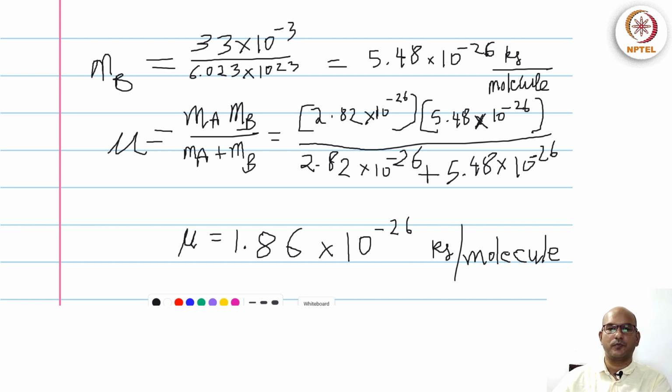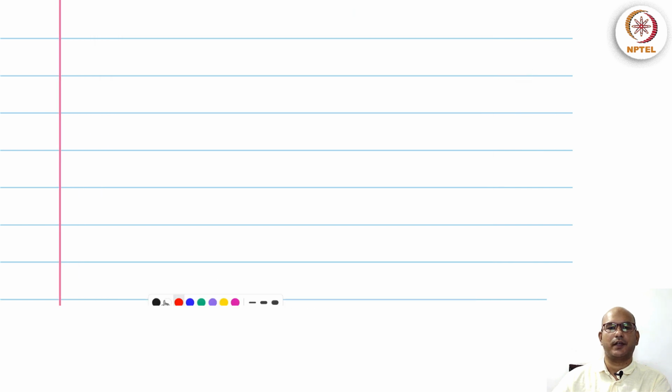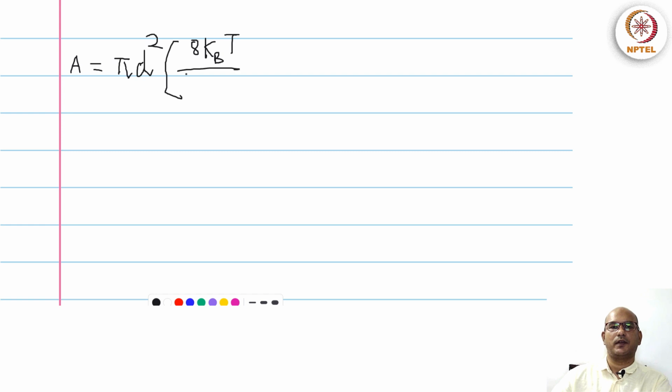So we have also mu. So now we have all the information that is needed for the calculation of A. So we have A is equal to pi d square times square root of 8 kBT divided by pi mu. So pi d square we already calculated.